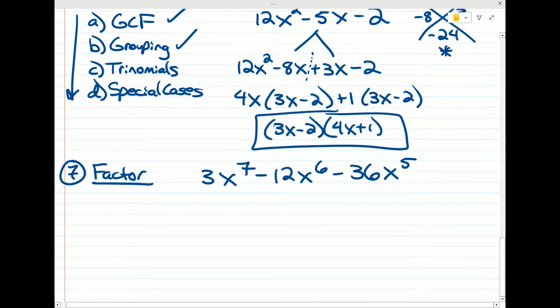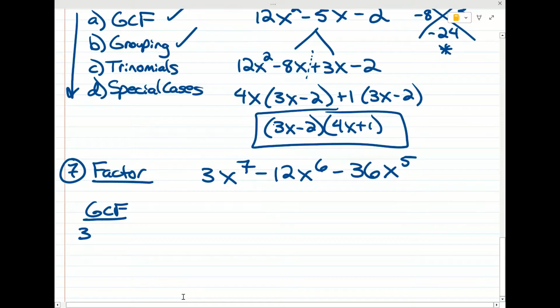Well, the first step when we go to factor is to look to see if there's a GCF. And what is the largest number you could divide into 3, 12, and 36? 3. So the GCF here, 3 is the largest number that you could divide into each of these.